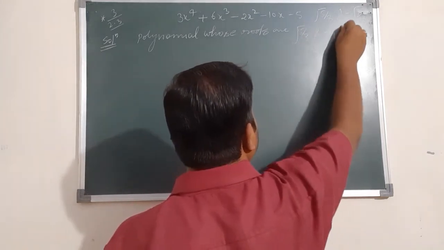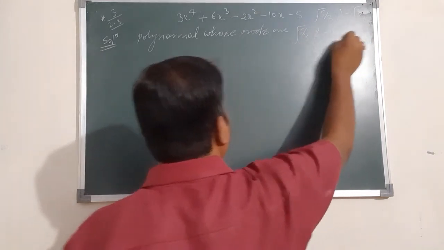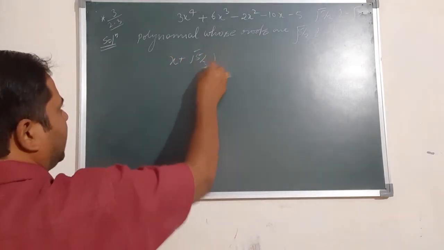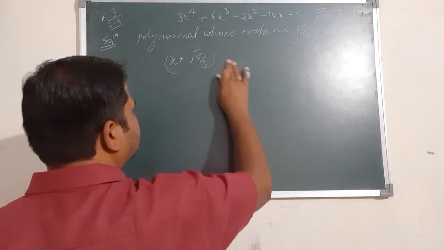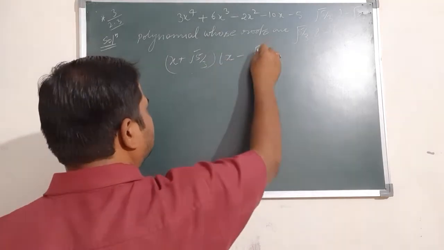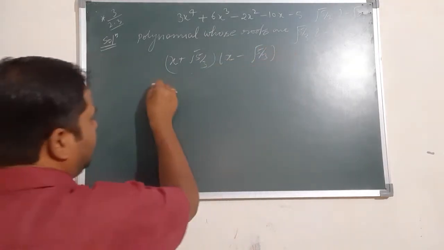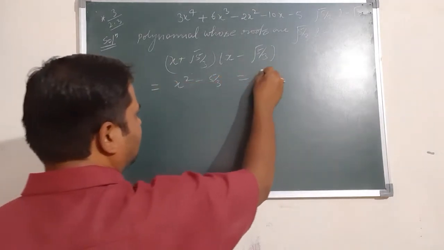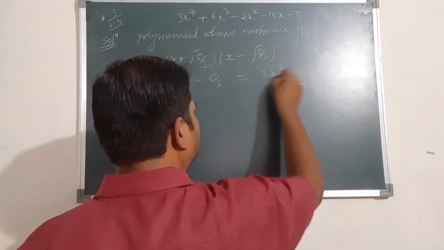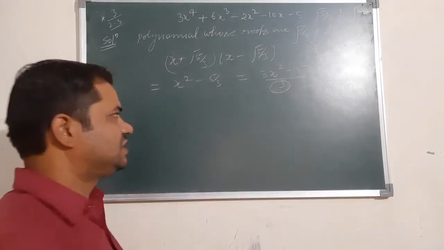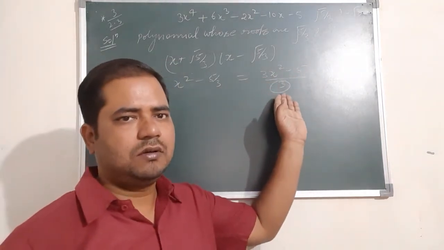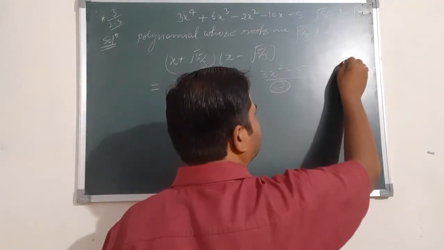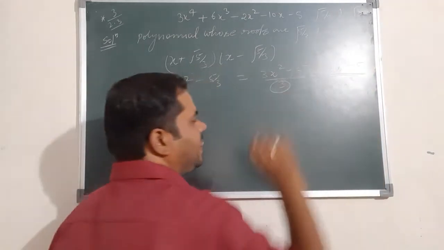So x plus root 5 by 3 and x minus root 5 by 3, and if we multiply we will get x square minus 5 by 3. This is 3x square minus 5 by 3. As you know, this is a constant, so there is no need in obtaining the polynomial this way. So your polynomial is 3x square minus 5.